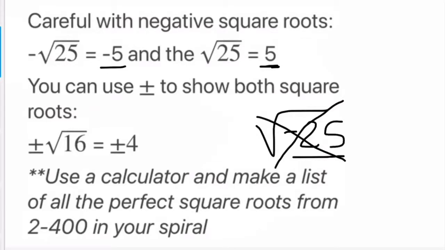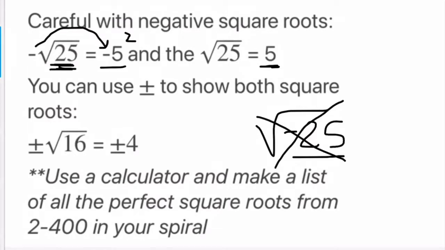So here you're going to find this square root first and then add in the -5 after. So the square root of 25 is 5. Add in the negative, it's -5. And then we can square this and go back, and your answer is 25. So really what we're finding is the 25, the only way to get the negative on that is to put it outside of your radical sign.